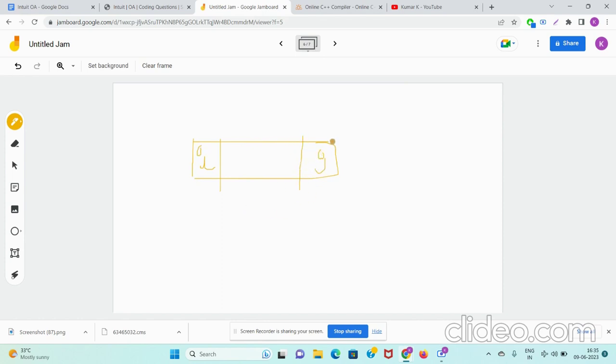Say you calculate the number of ones in the subarray, let's call it o, and the number of zeros in this subarray, let's call it z. So how will you know if it is valid or not? If o by z is equal to x by y, it means it is a valid subarray.